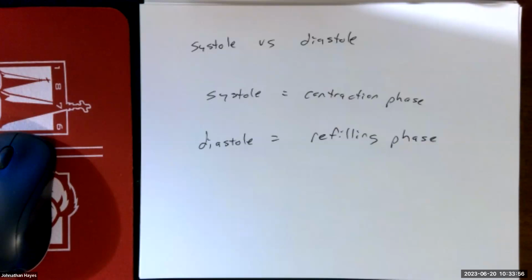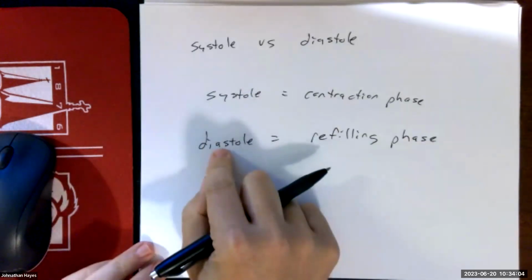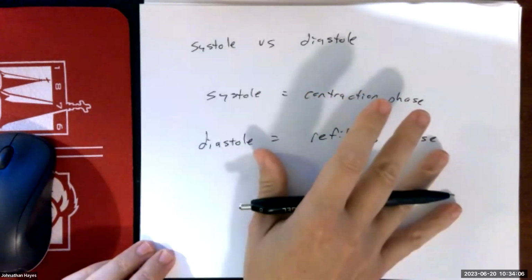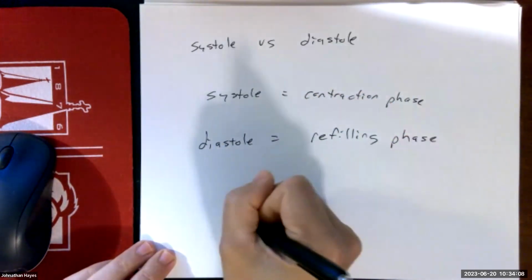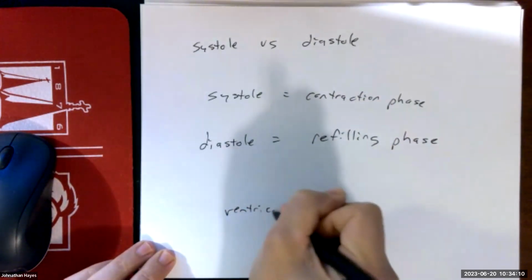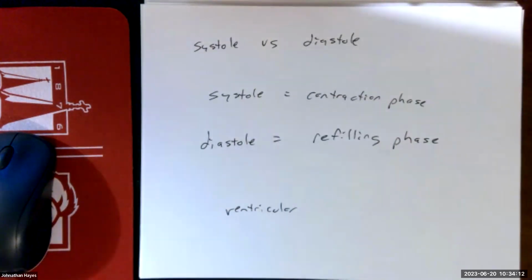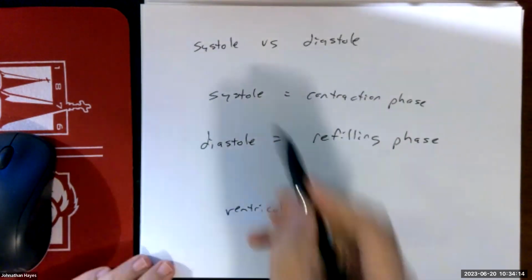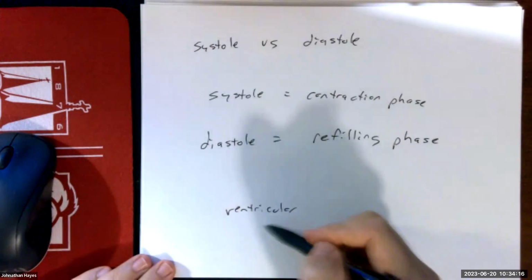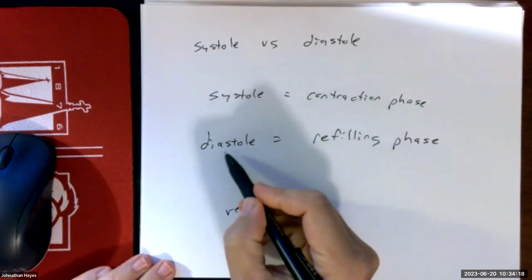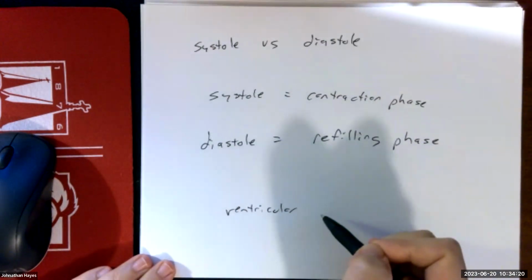And the trick that you sometimes run into with this, and it's not always in a book, is that when the words systole and diastole are mentioned alone, that implies ventricular systole and diastole. So if all I see is the word systole, then it means ventricular systole. If all I see is the word diastole, then it means ventricular diastole, right?